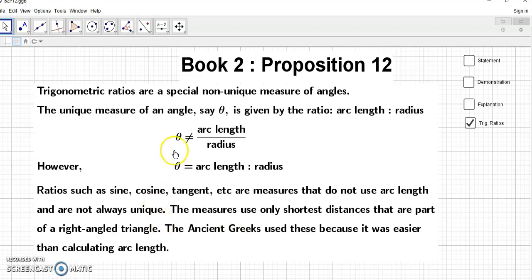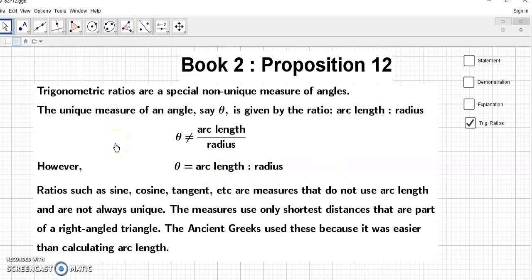So theta is not equal to arc length divided by radius, because these two magnitudes may not have a common divisor, in which case it cannot be written as a number, which is a fraction. However, the measure of an angle theta is this ratio, the comparison of the arc length to the radius.